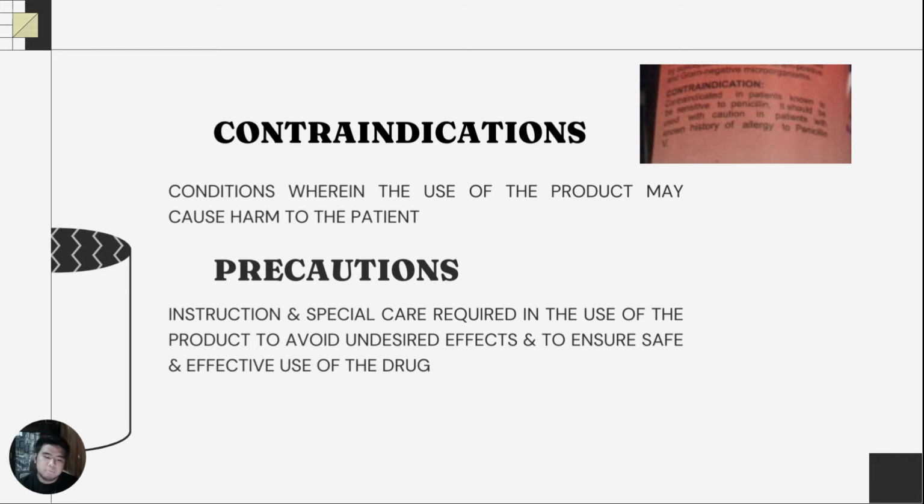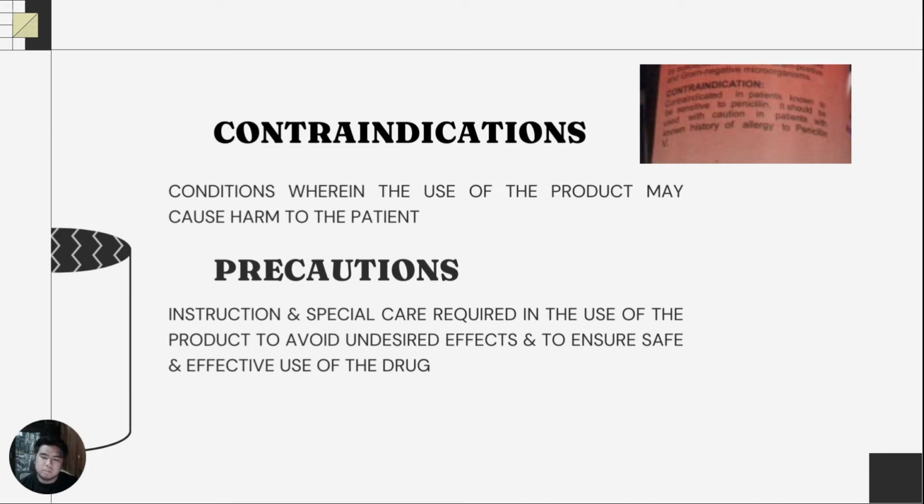We should remember that when we say warnings, ito yung in Filipino which is babala. Example is death if given to a pregnant woman. Now, when we say contraindication, ito naman yung bawal. Again, yung warning, babala.